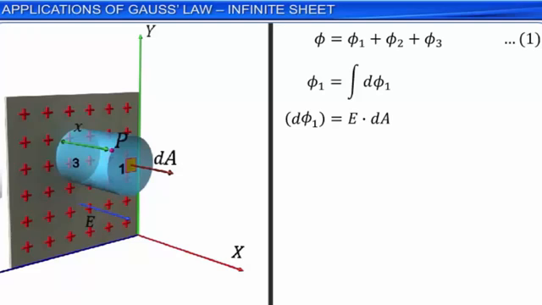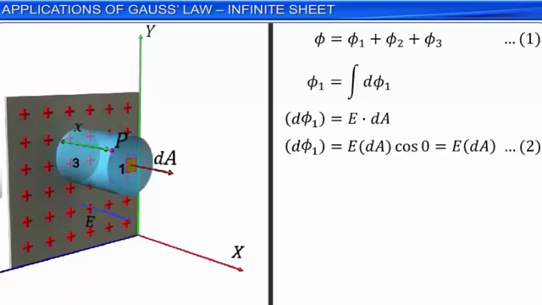Since E and dA are parallel to each other, E dot dA is equal to E dA cos 0, which is equal to E dA. Let this be equation 2. It is important to note that E is constant in magnitude for all points on S1.